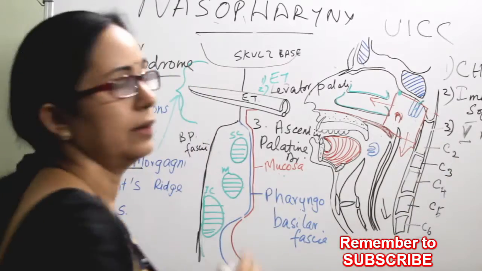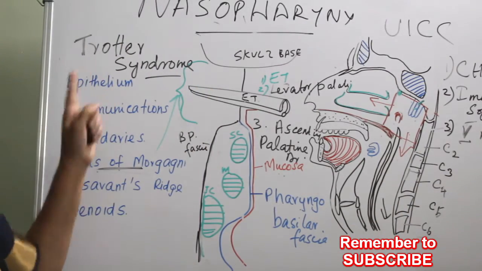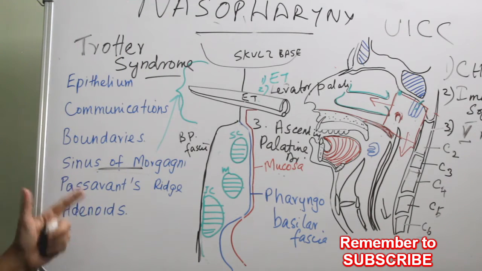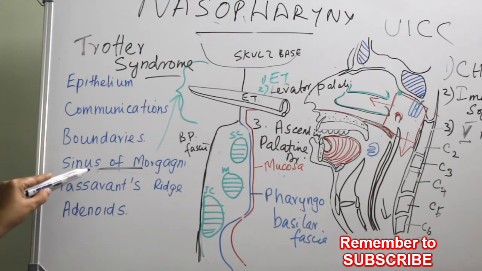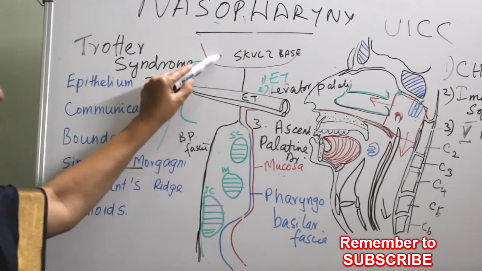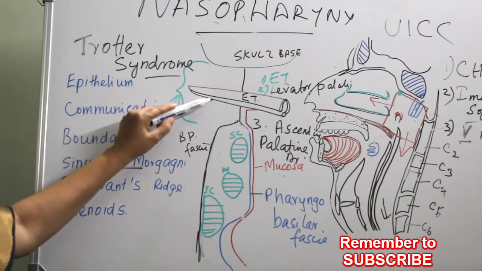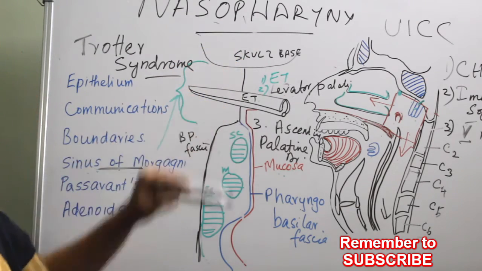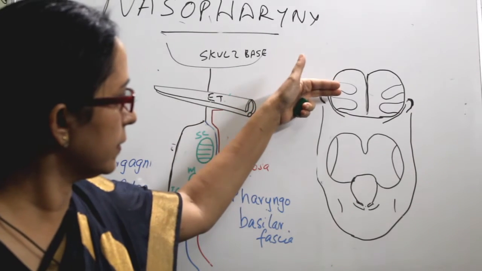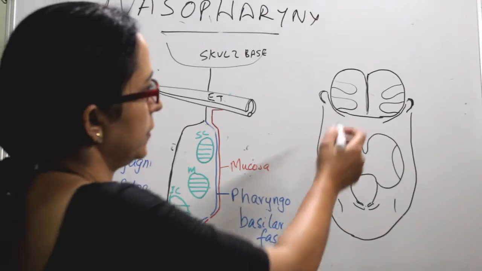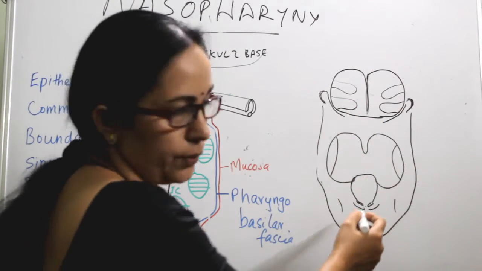So these are the components of Trotter syndrome, and the sinus of Morgagni forms a route of spread for nasopharyngeal carcinoma to the lateral skull base. The structures passing through it are the Eustachian tube, levator palati, and the ascending palatine artery. This is the view, a coronal cut from the nasopharynx, oropharynx, and laryngopharynx.